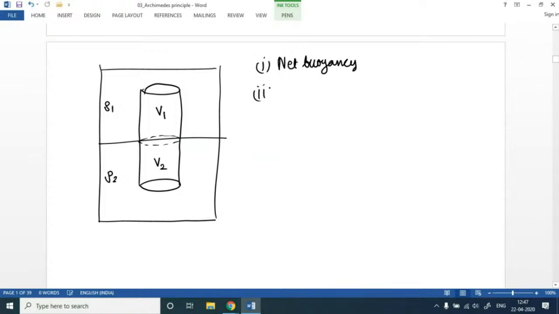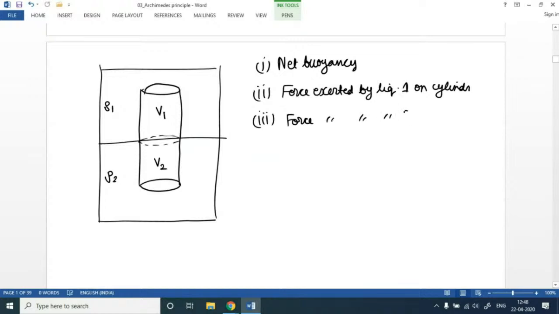The second thing is the force exerted by liquid 1 on the cylinder, and thirdly, the force exerted by liquid 2 on the cylinder. Let's say this height h1 and this height h2 are given. So let's try to figure out the answer to this question.